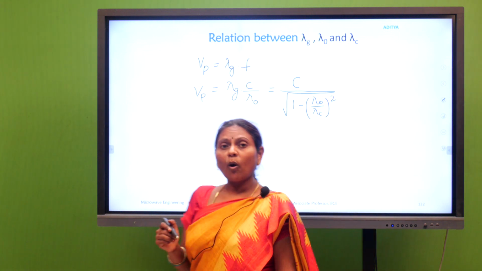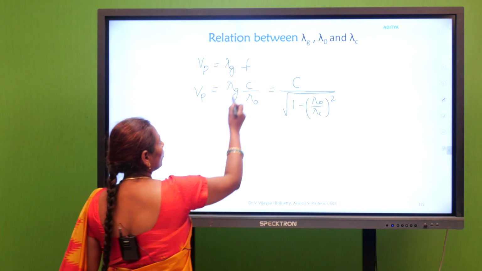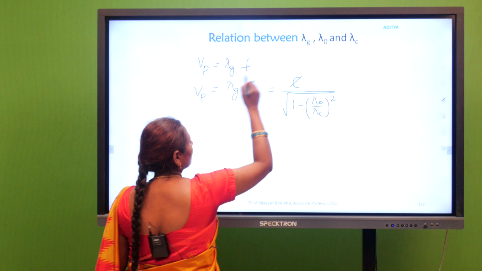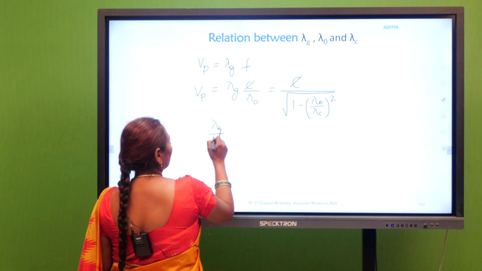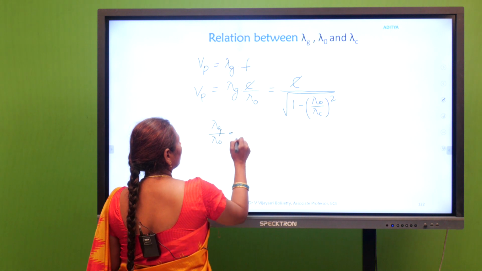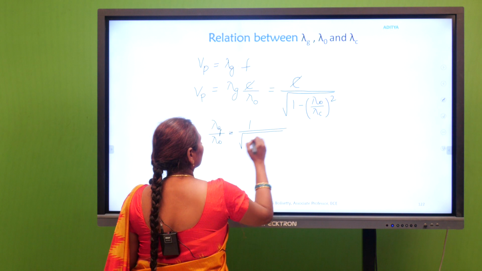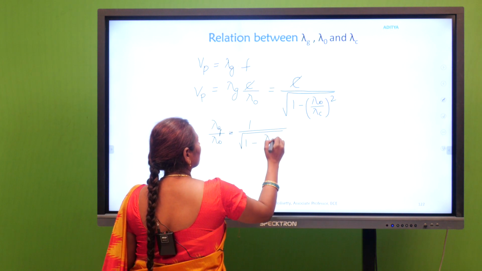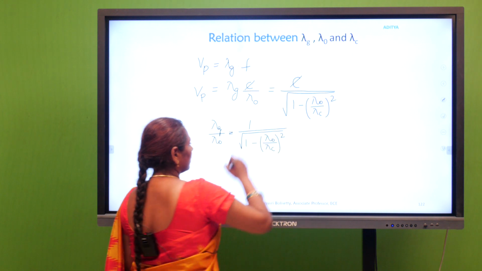These two should be the same, and as c gets cancelled on both sides, we can say that lambda g by lambda naught is equal to 1 by root 1 minus lambda naught by lambda c whole square.